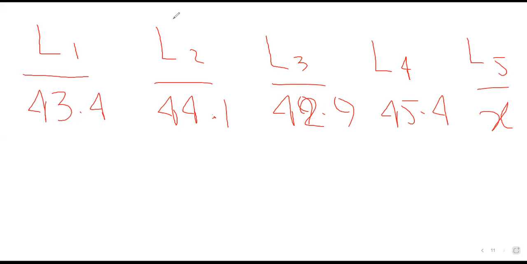So the fifth lap is X seconds, in order to make her average time for all 5 laps 43 seconds. Then which of the following equations could be solved? Anyhow, let's see if you can find out the value of X. So X is the question mark.